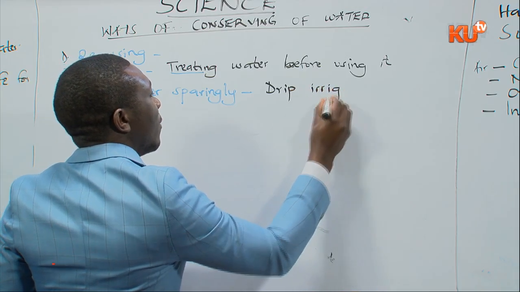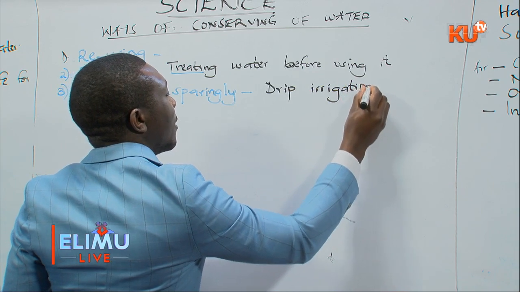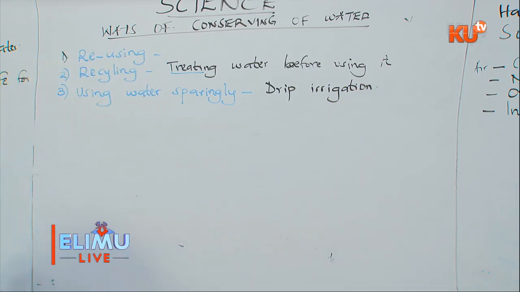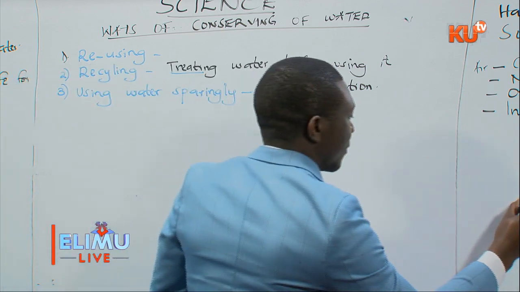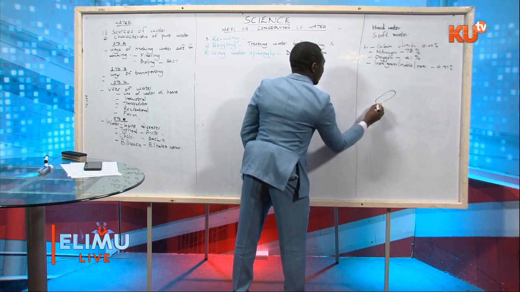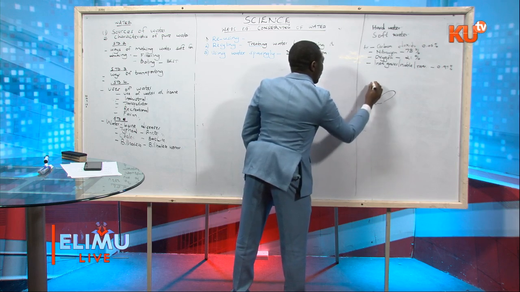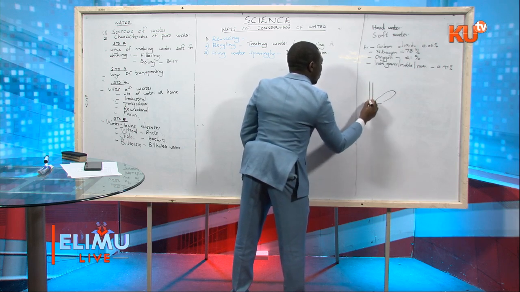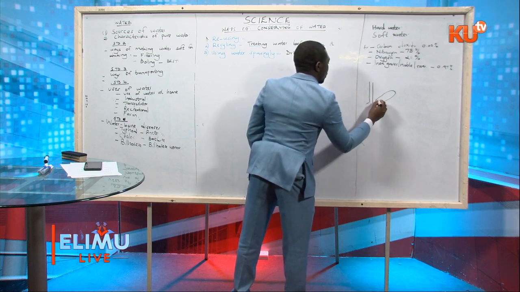Many learners, I have seen a question like that in Mentor Science, Standard 7 and the KCP Mentor. They usually draw a container and ask learners, which type of irrigation is that? Choice A, they place there bottle irrigation. We don't call drip irrigation bottle irrigation.